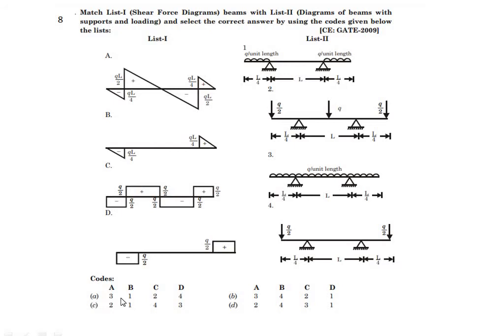And then again at this point you are seeing a sudden rise in the shear force diagram. A sudden rise indicates a point load. That point load may be external loading, or it may be a reaction force.